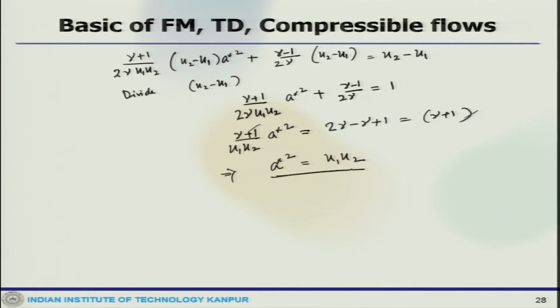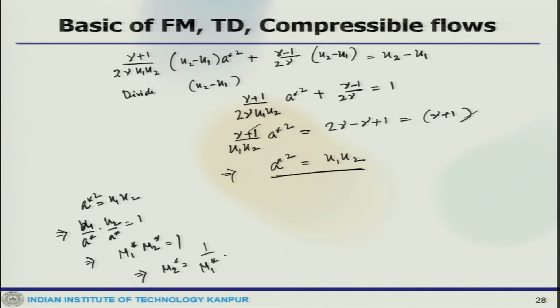So, this is what you get. Now, if you solve for a star, a star square equals u1 u2. So, we can write u1 by a star times u2 by a star is 1, which gives M1 star times M2 star is 1, which means M2 star is 1 by M1 star.